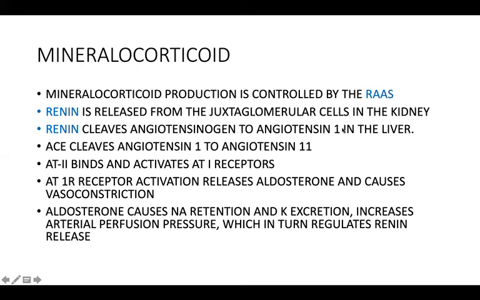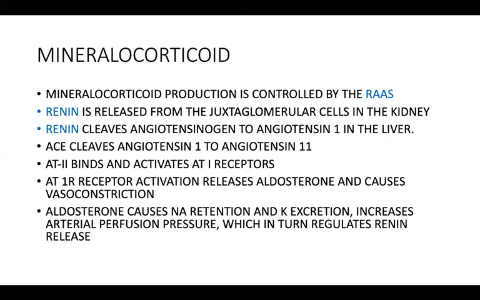Now this angiotensin 1 is converted by ACE, angiotensin converting enzyme, to angiotensin 2. This conversion of angiotensin 1 to angiotensin 2 takes place in the lungs, and this angiotensin 2 then binds and activates the angiotensin 2 type 1 receptors.